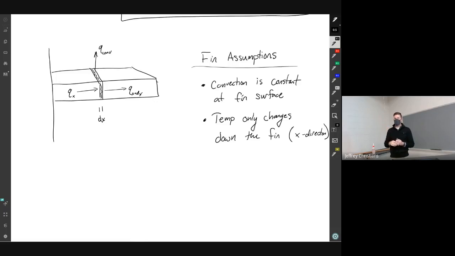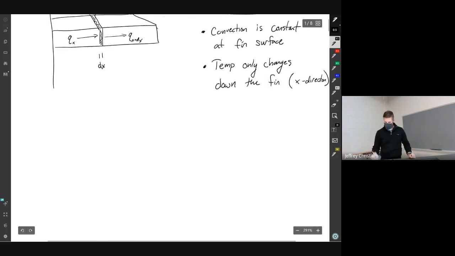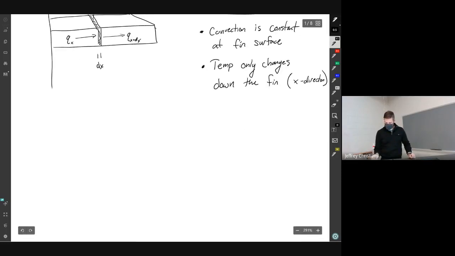The fin's not hot in the middle and cold at the edges. This would be a cross section, say y and z.